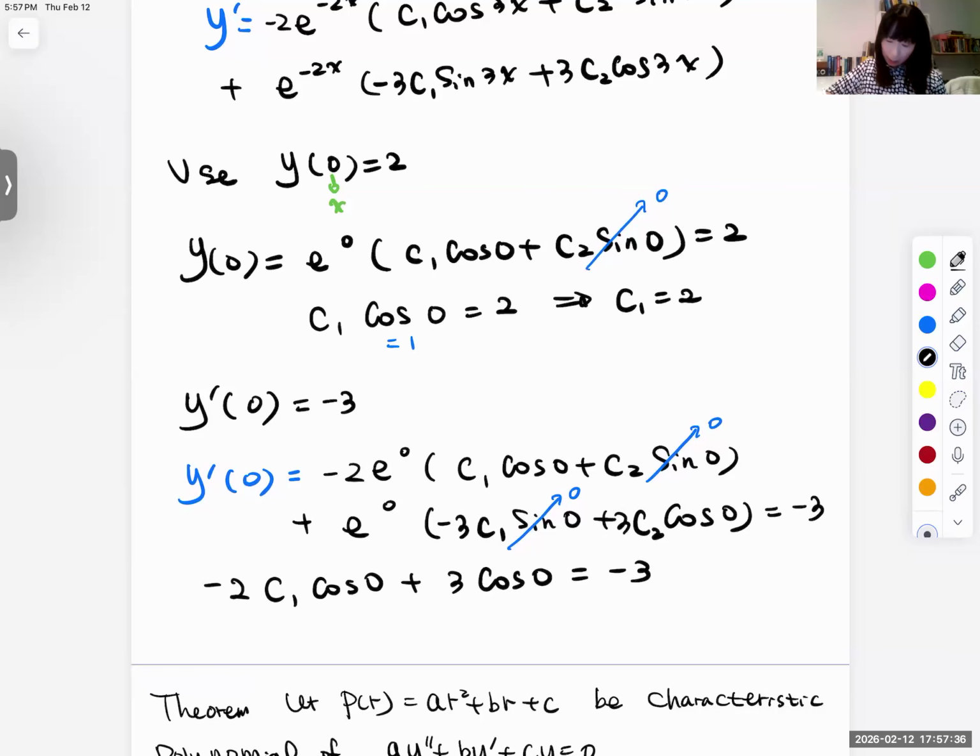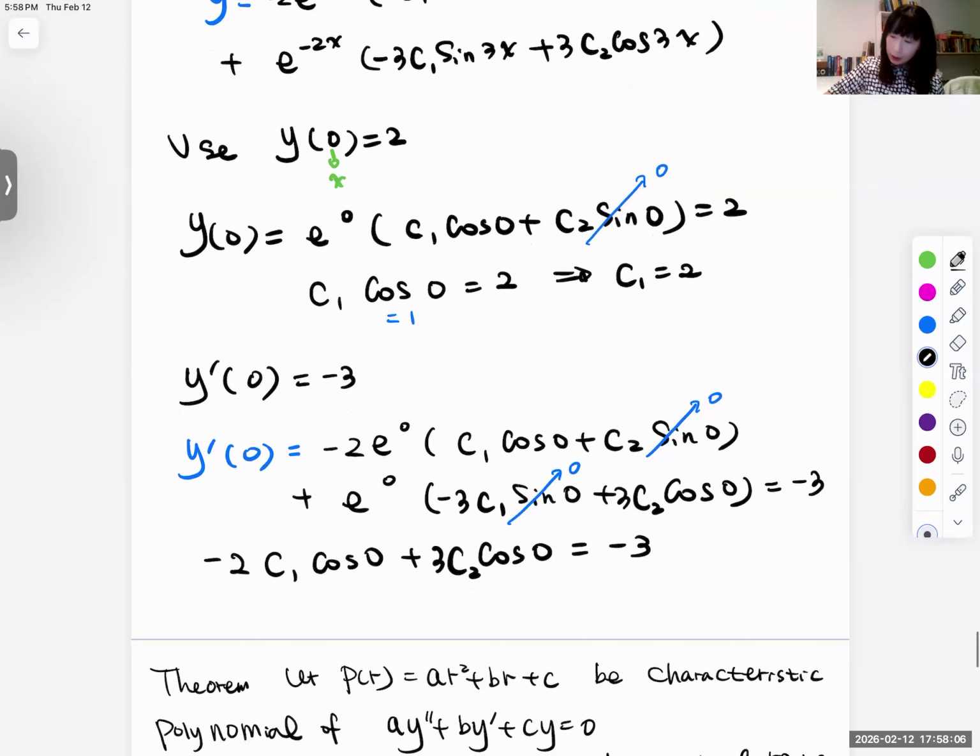Okay, so negative 2 c sub 1 cosine 0, yeah? Then 3 c sub 2 cosine 0 equal to negative 3, right? Okay. So we knew this is 1, right?